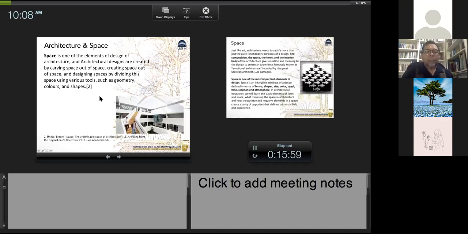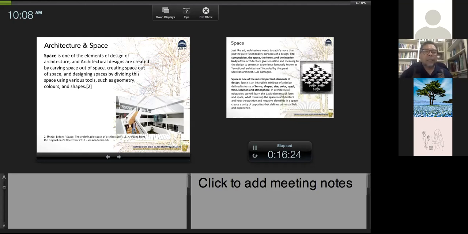Let's look at space, because architects, as we mentioned just now, create space. Space is one of the elements of architectural design. There are so many other elements, but since our topic today is space, we focus on it.